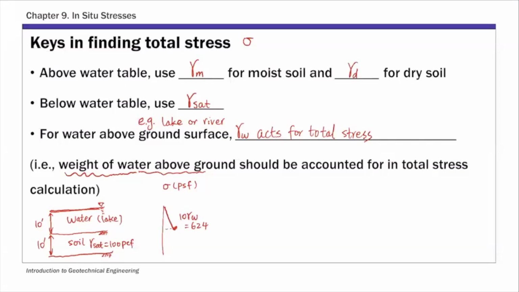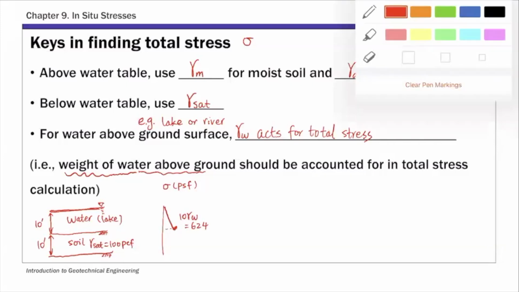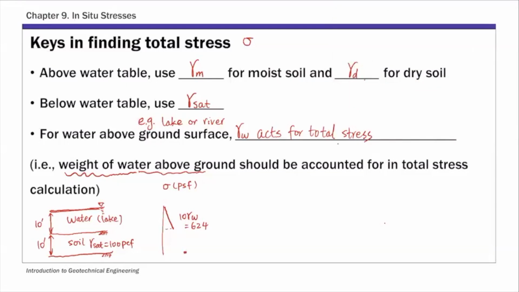So that's basically at the bottom of the lake. Say at the bottom of the soil profile, your total stress is 624 plus 10 feet of saturated soil. Okay. Again, you need to add that weight of water into your total stress calculation. So this is 1624 PSF. So that's the total stress.